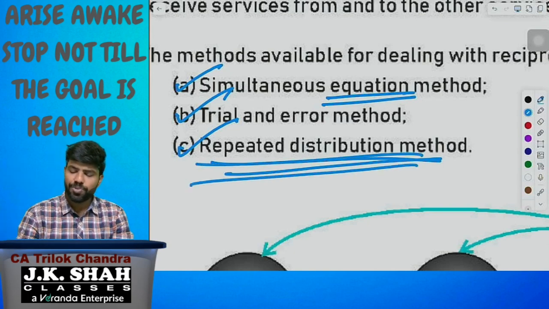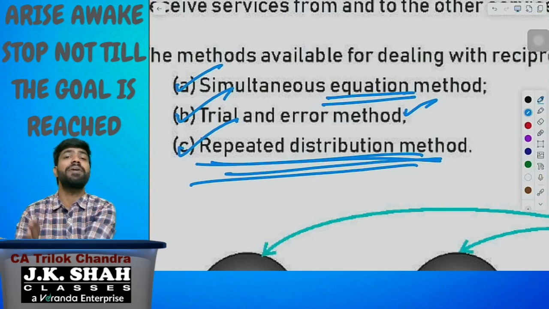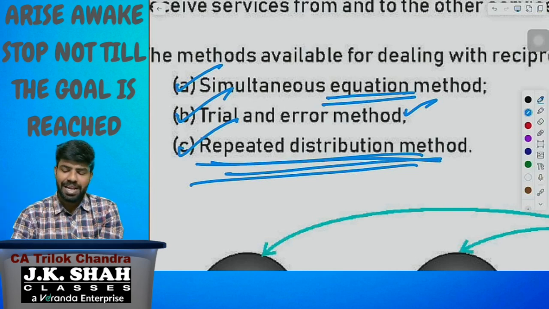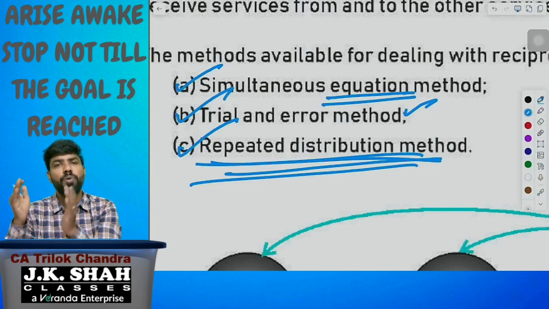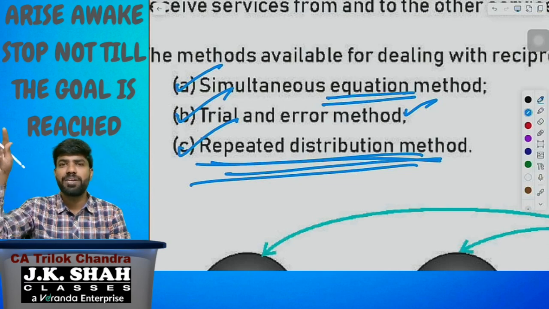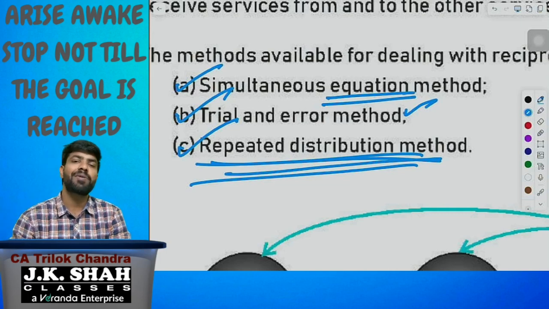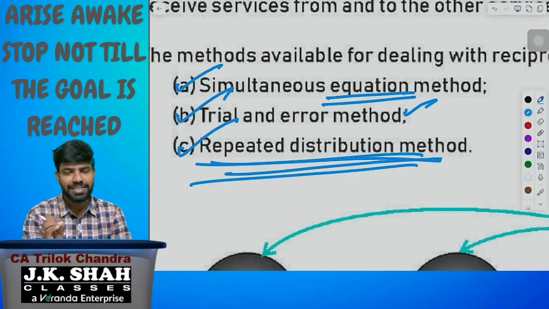Trial and error method is also repeated distribution only between the service departments. We are not going to take the production departments. Then we make a total of the service departments, we get total overheads, and then we do the apportionment. That is the trial and error method. All of you clear?